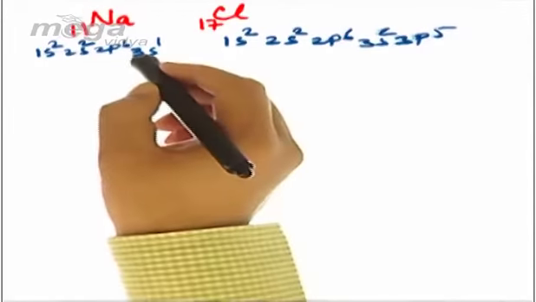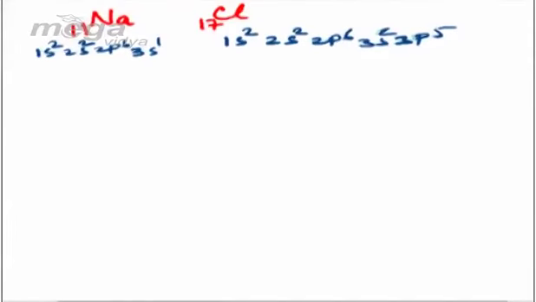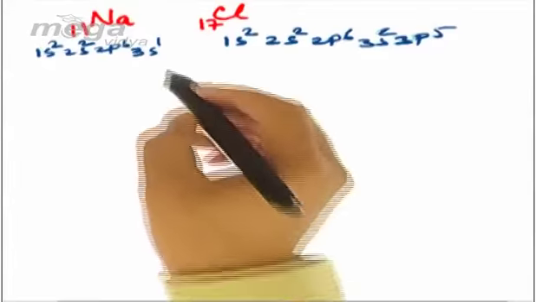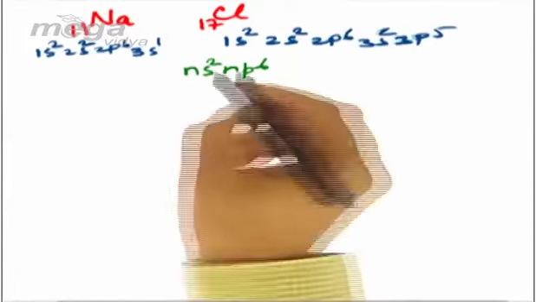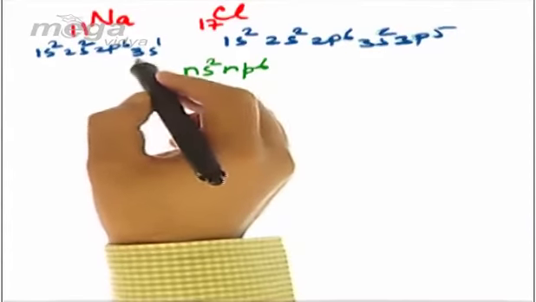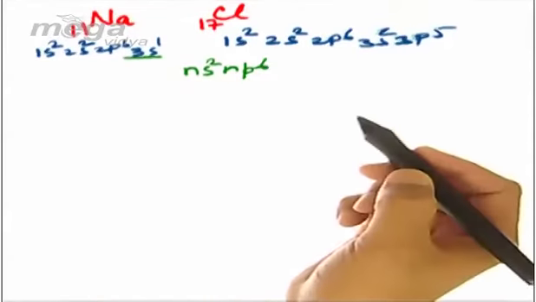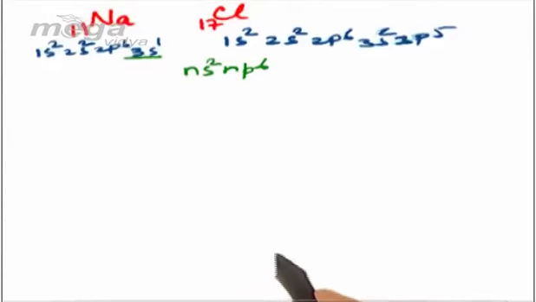Now we have dealt in the last section that every atom on bonding tries to acquire inert gas configuration, that is ns2 np6 configuration. Here in case of sodium, the valence shell is 3s1, which is not similar to that of ns2 np6.